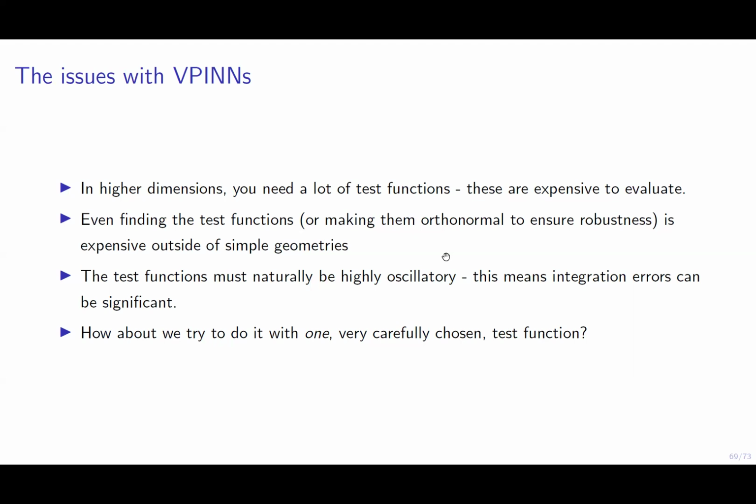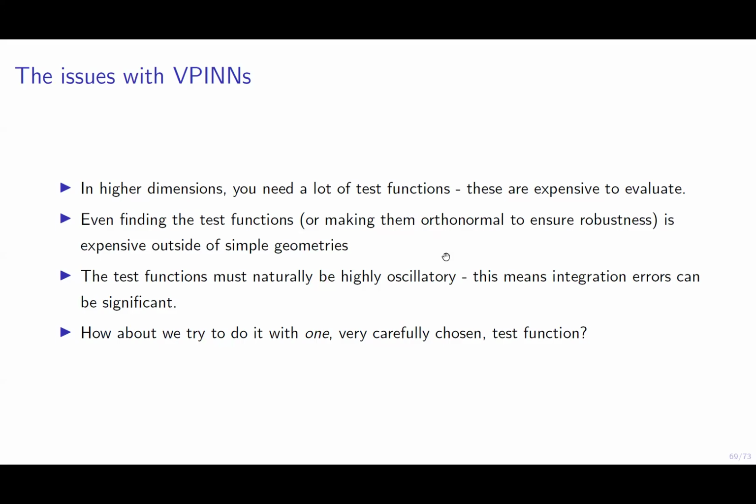And in weak formulations, you have a much higher sensitivity to integration errors. So if you're putting something hard to integrate into your loss function, and you have sensitivity to integration errors, there's going to be a problem.